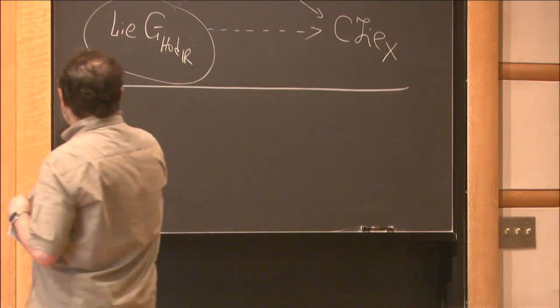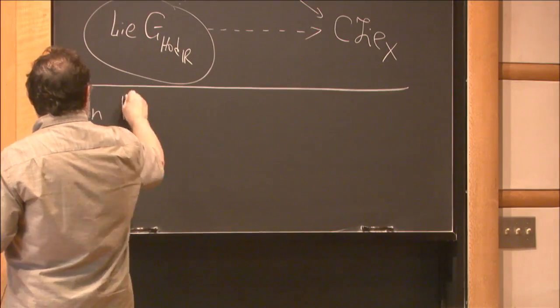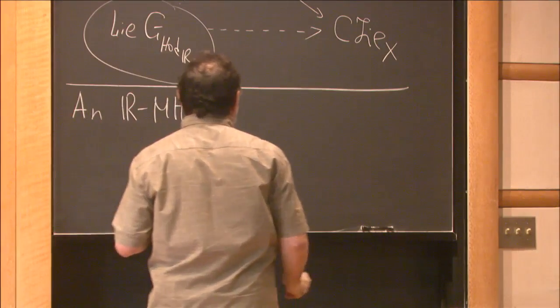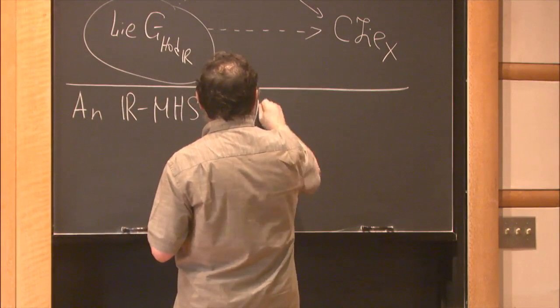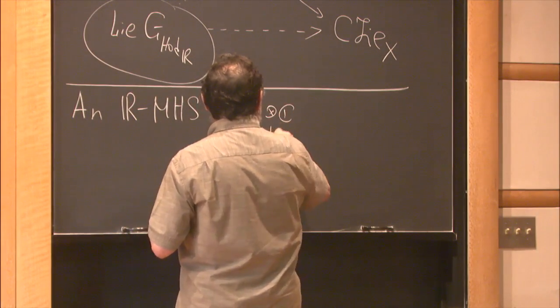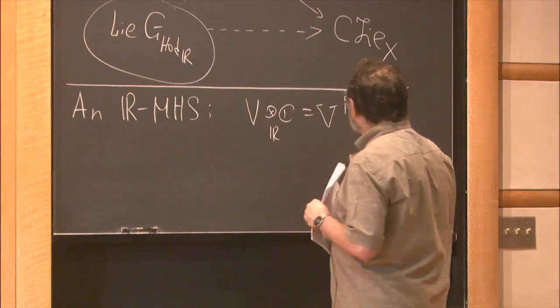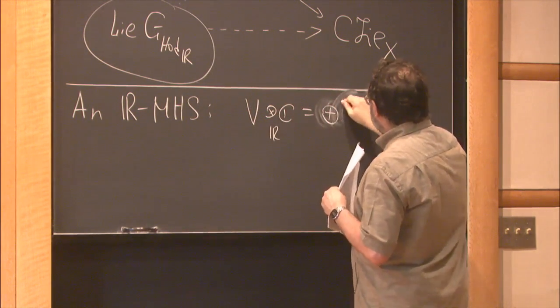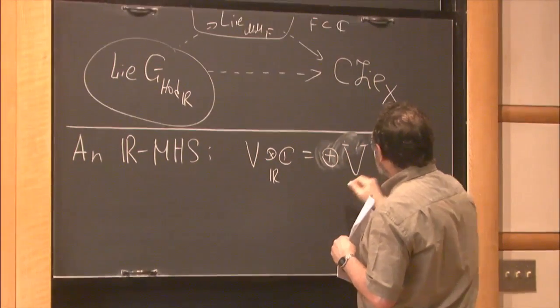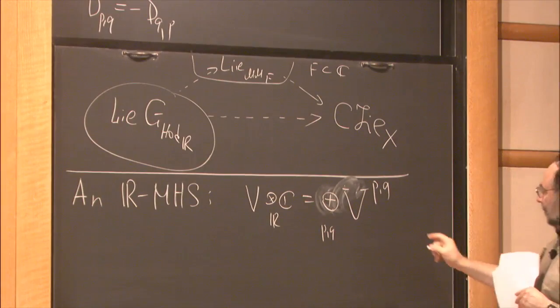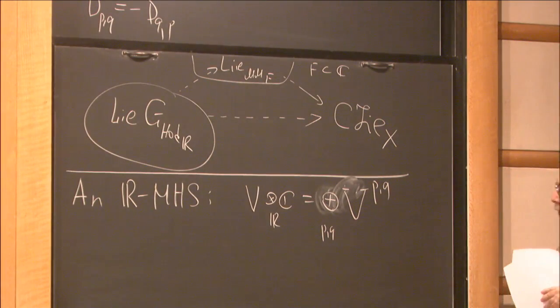So a real mixed Hodge structure is the following data. You have a vector space such that its complexification is bigraded. This is just to say that we have a direct sum of pure Hodge structures.